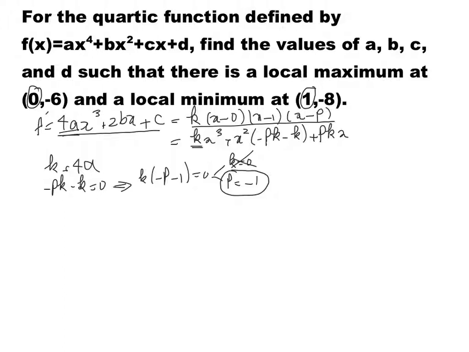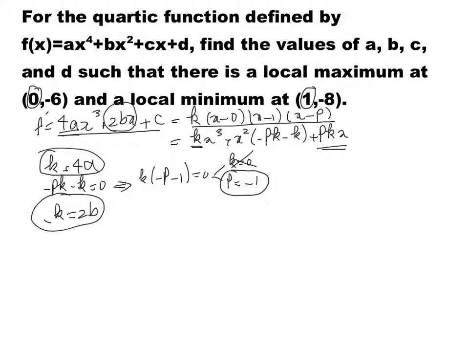The next one, we can see that pkx and 2bx are like terms. So this means pk, and remember p is negative 1, so negative k has to be equal to 2b. That's another observation. Now, I know that k is equal to 4a.